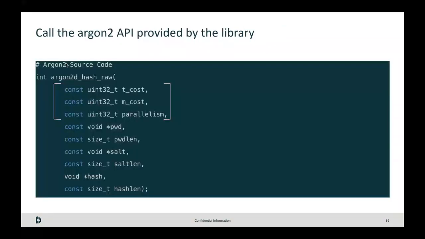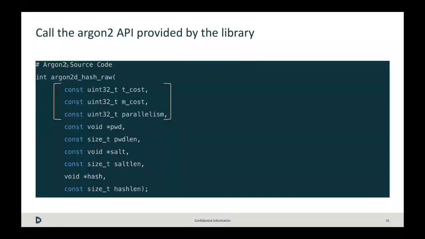Let's take a closer look at the Argon2 API. Argon2 is parameterized by a time cost, which is the first parameter, which defines the amount of computation realized and therefore the execution time, given the number of iterations. The second parameter defines the memory cost, the memory usage.